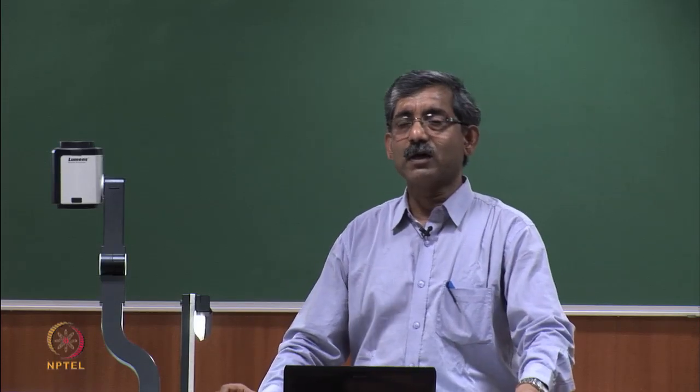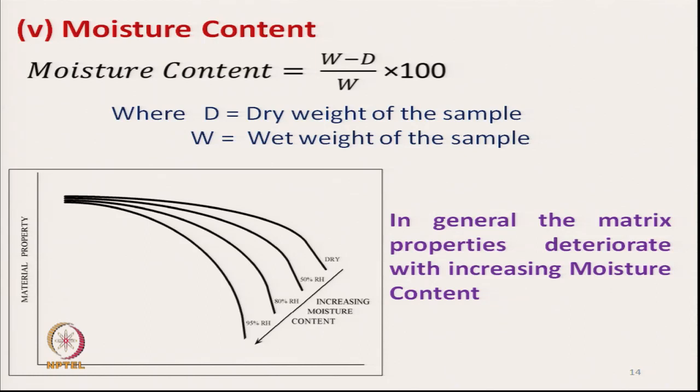The next important characteristic is the moisture content. We must know the moisture content of the matrix material, because moisture content affects the characteristics of the matrix. In this picture we can see, as the moisture content increases, this is the dry, this is 50% relative humidity and this is 95% relative humidity.